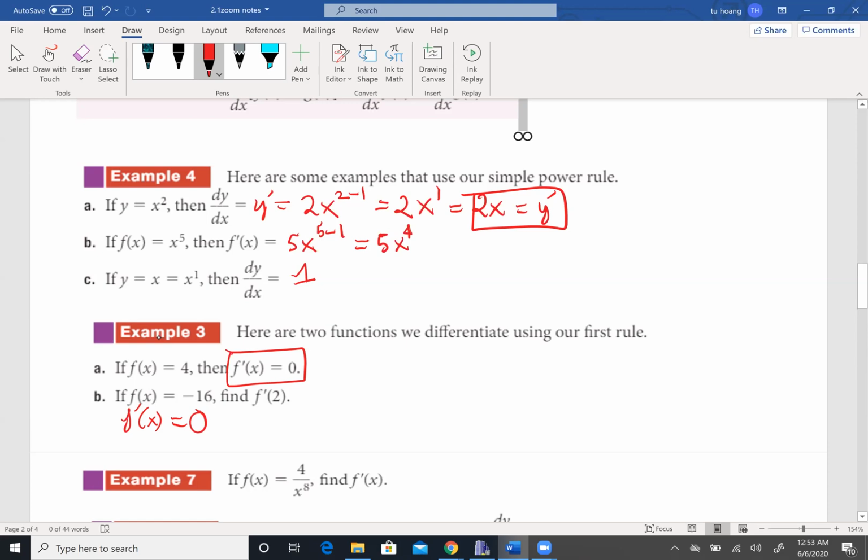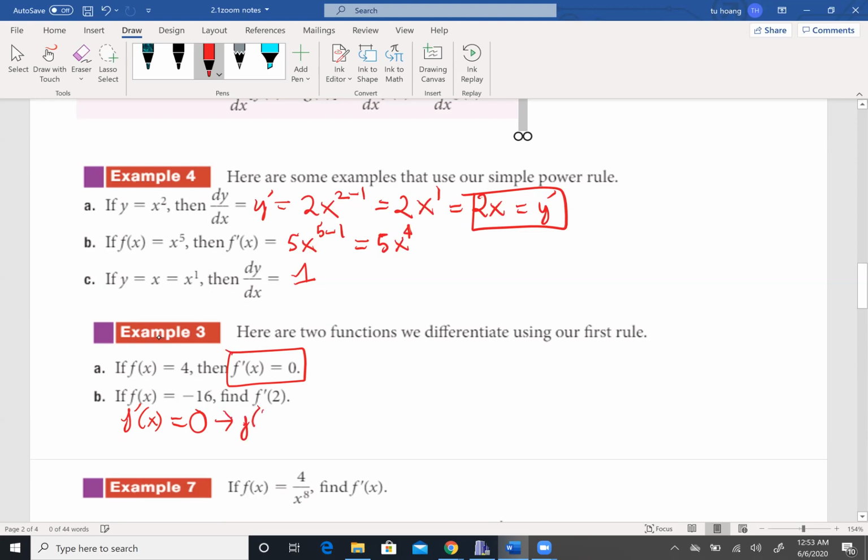And since f'(x) equals 0, whatever the input is, say f'(2), you will always still get 0.